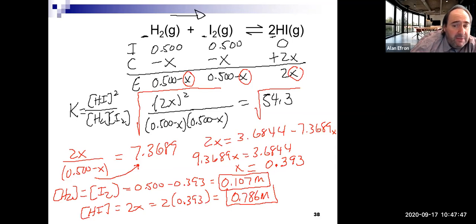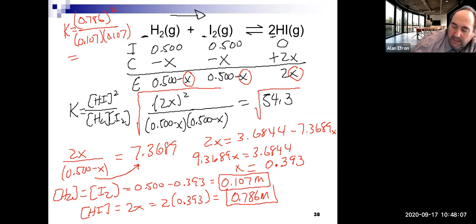And like I mentioned before, if you want to check yourself, you could do that by putting it back into here. And that would give you 0.786 squared divided by 0.107. And again, if we did everything correct, it should equal pretty close to our equilibrium constant value.